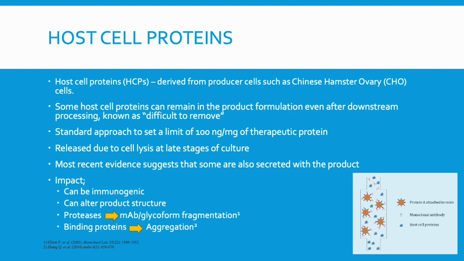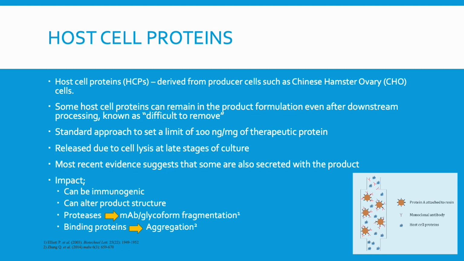These host cell proteins were mostly removed during protein A purification, and the level can be reduced to the standard requirement of 100 nanograms per milligram of protein. But there are host cell proteins that possibly remain in the product at the end of the downstream process, which are then categorized as difficult-to-remove host cell proteins.